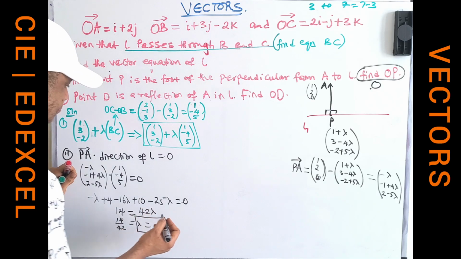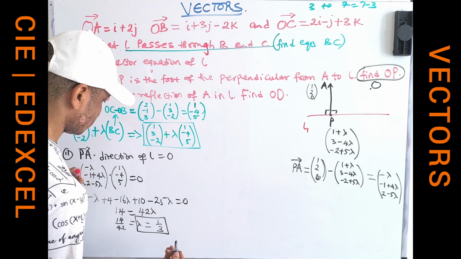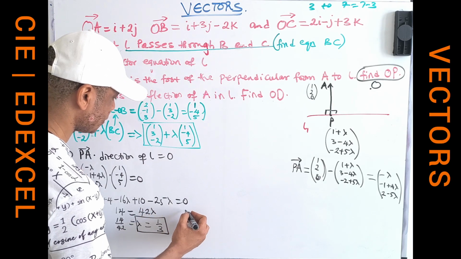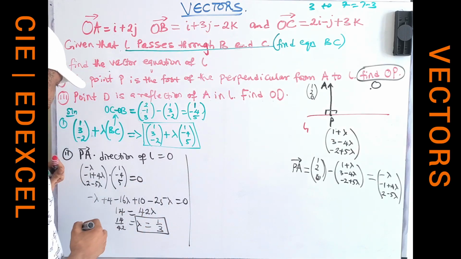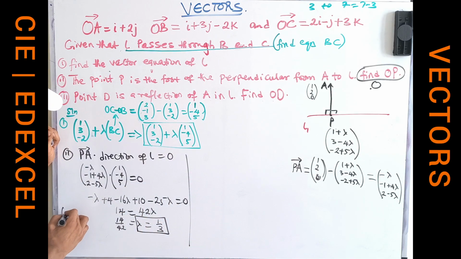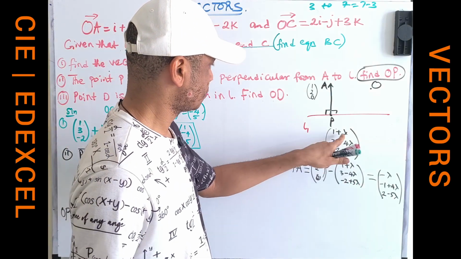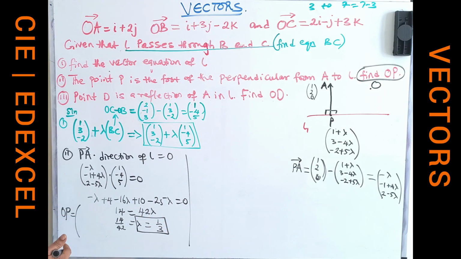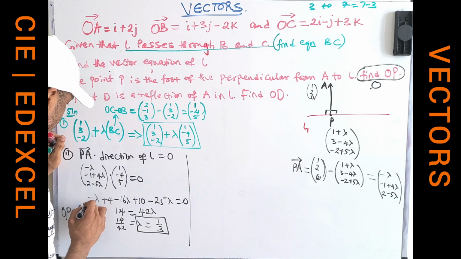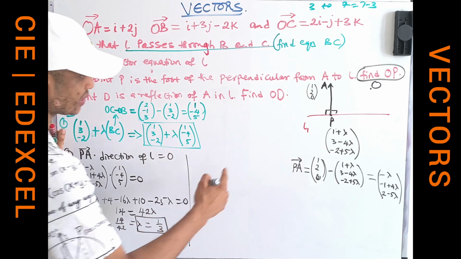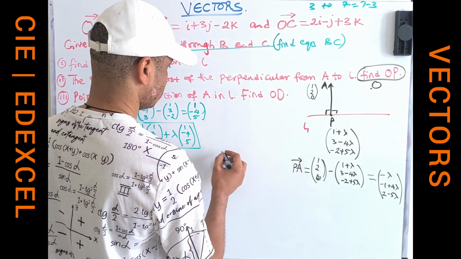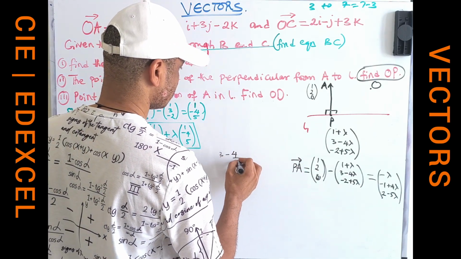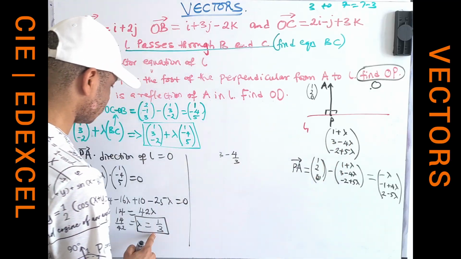All right, so OP will be 1 plus 1 by 3, so that's 4 by 3, sorry. This will be 3 minus 4 by 3, because lambda is 1 by 3.